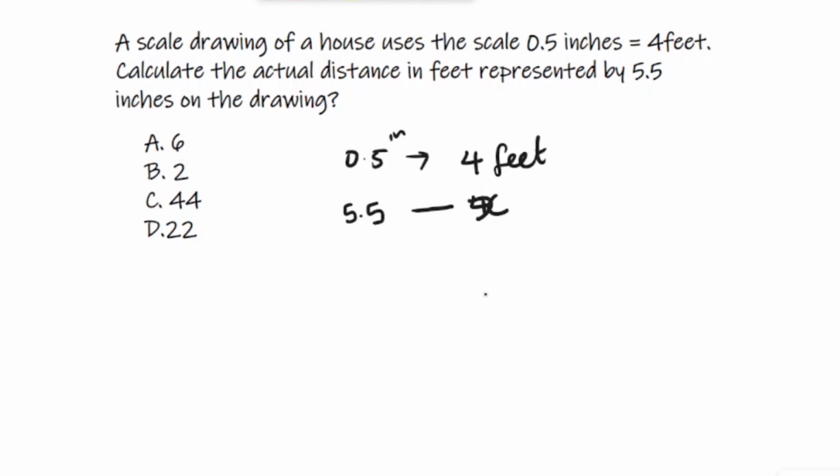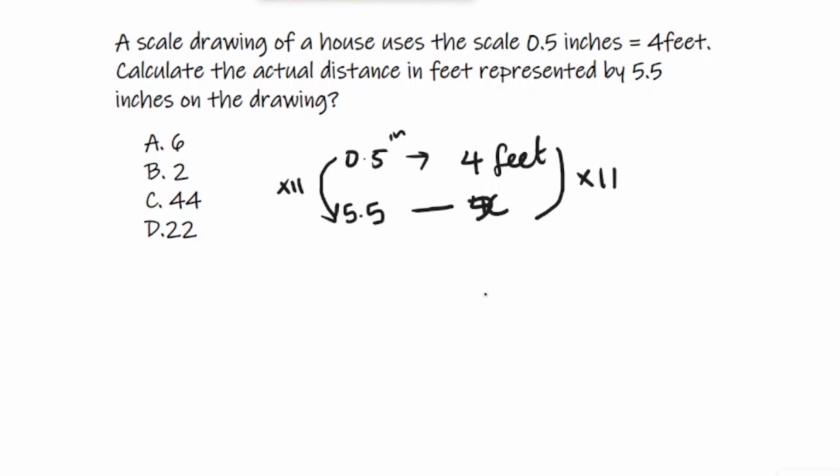So the question is, how do we go from 0.5 to 5.5? We go from 0.5 to 5.5 by multiplying by 11. So we multiply this by 11, and that means we have to multiply this by 11 too.